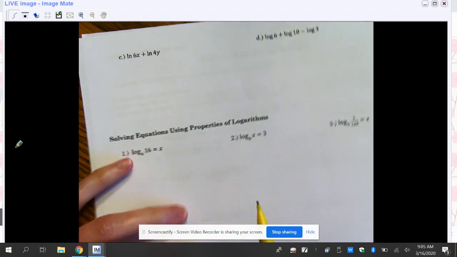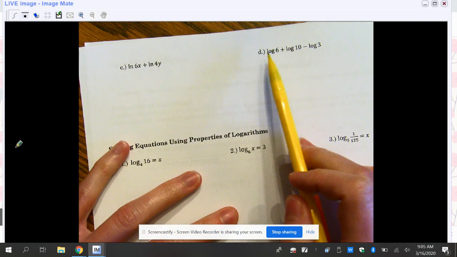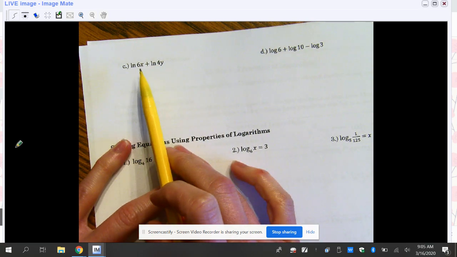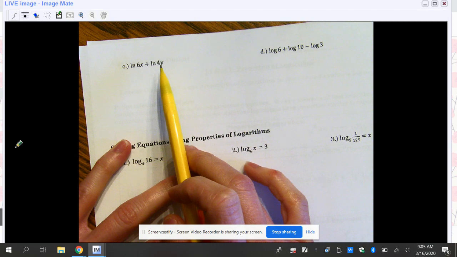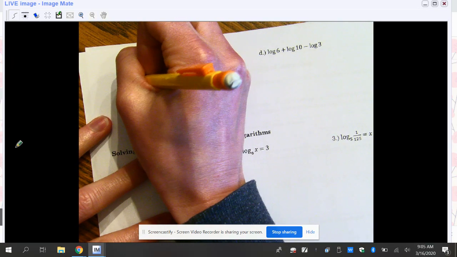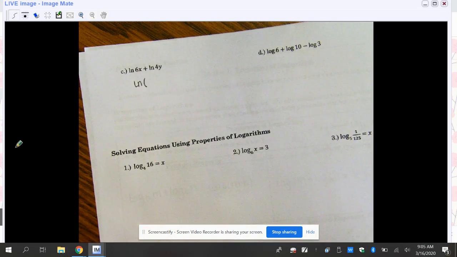All right, and then these last couple, now I'm going to make it a little bit more adding terms here and then some more difficult terms, I guess. So if I'm adding, I'm going to multiply them to put them back together.